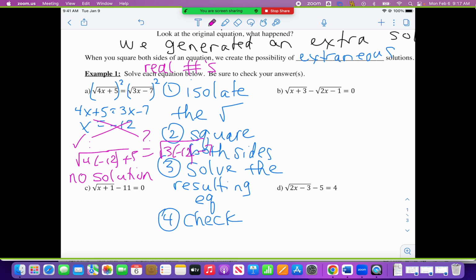All right, in letter B, what's different about letter A to letter B? What do you notice that's different? Yeah, Brendan? Both square roots are on the same side. Okay, both square roots are on the same side. So what would we need to do here in order to get one square root on each side?